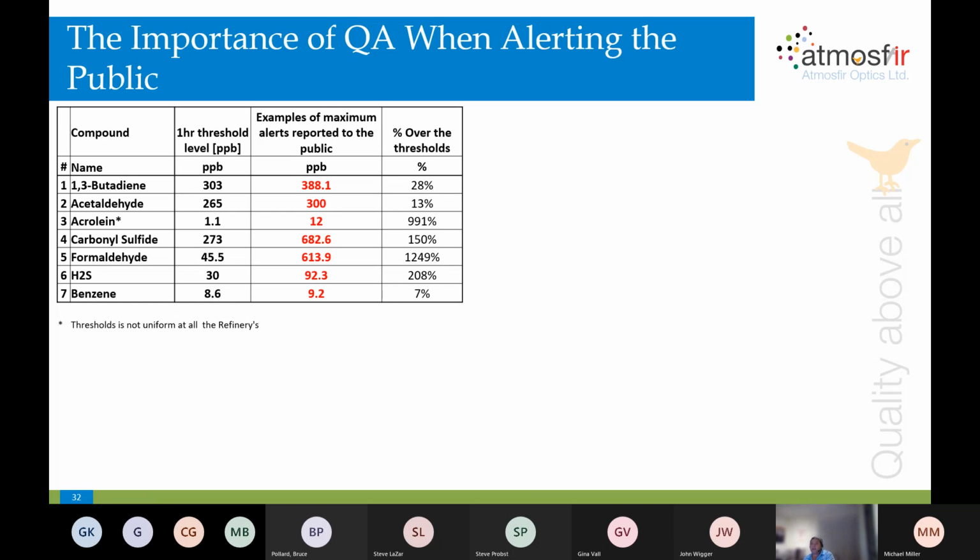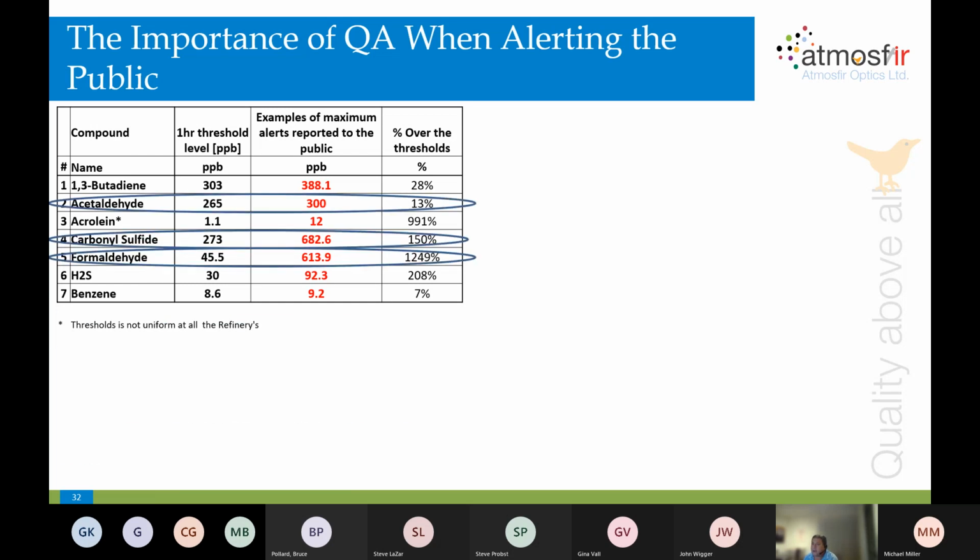The second column is the 1 hour threshold, and in red is what was reported to the public after quality assurance, and on the quarterly report, the concentration.